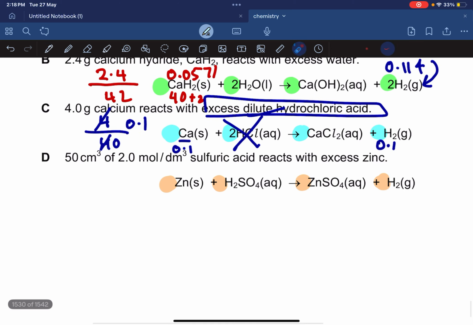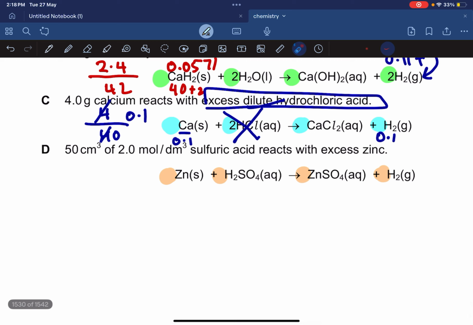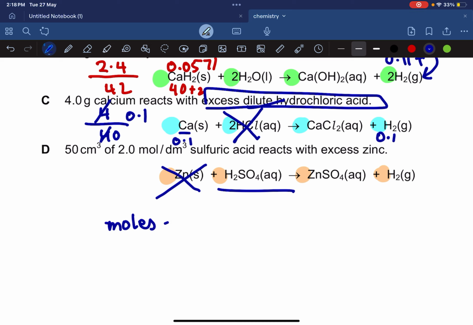Over here we have how many moles of zinc? 50 cm cube of 2 mole per dm cube sulfuric acid with excess zinc. Zinc is in excess, so we cannot take the moles of zinc, we have to take the moles of sulfuric acid. Moles equals your volume times your concentration.